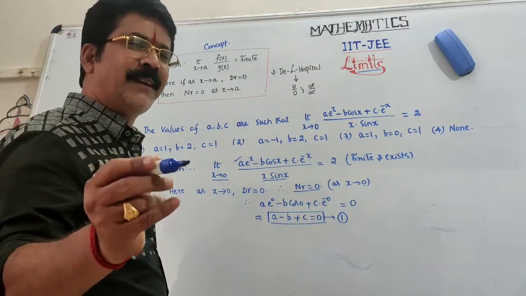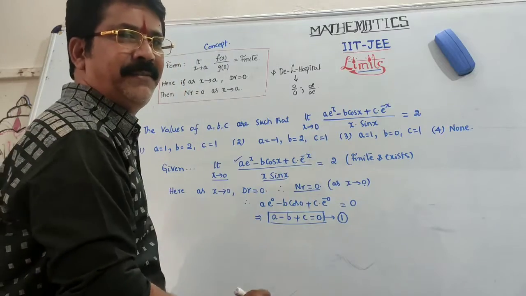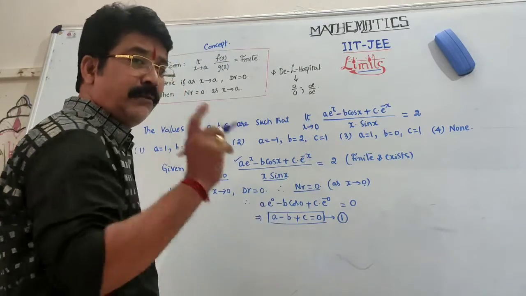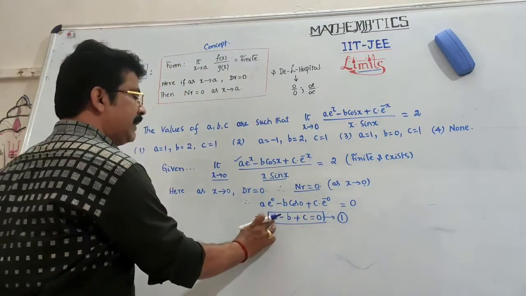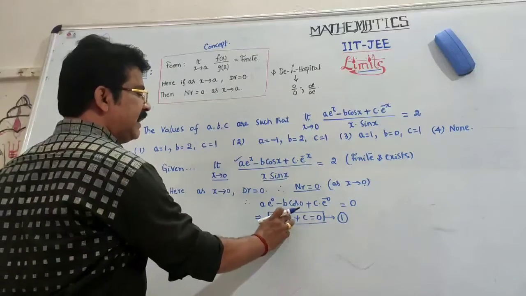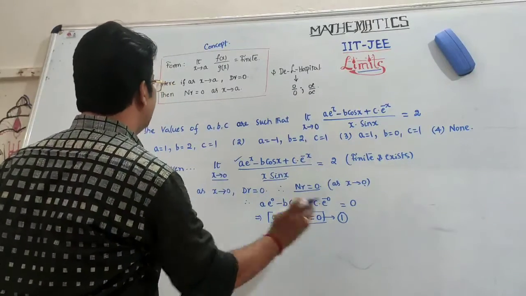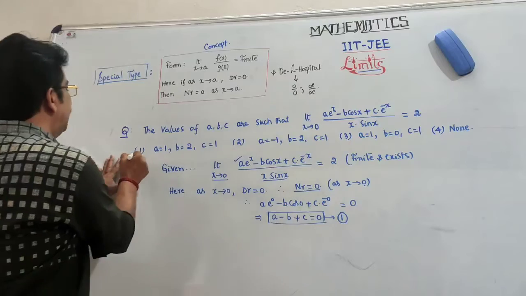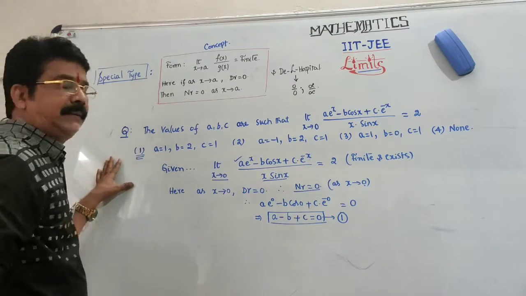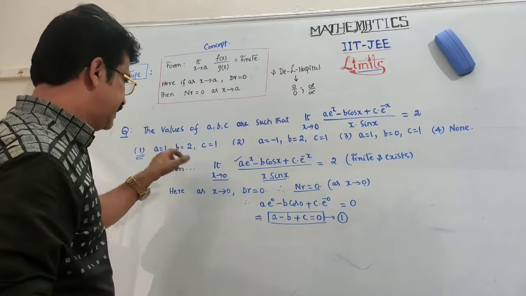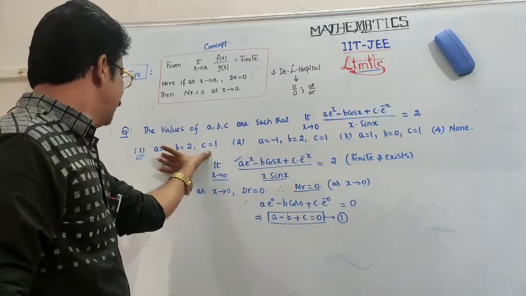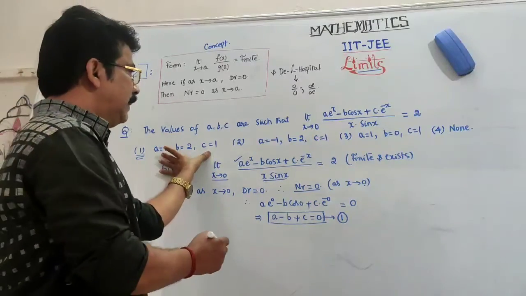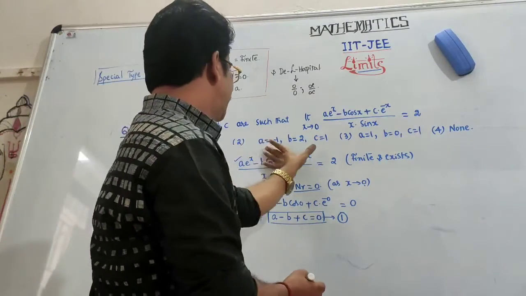Now you can verify the options here itself by getting only one equation. So what does it mean? a plus c equal to b. So which option is satisfied? First option is satisfied. a plus c, 1 plus 1 equals 2. Right. Next, second option, a plus c is 0.